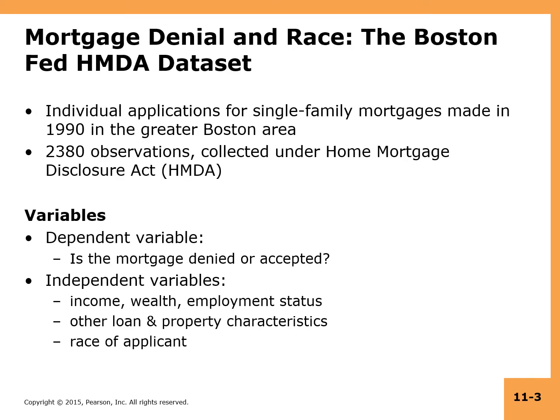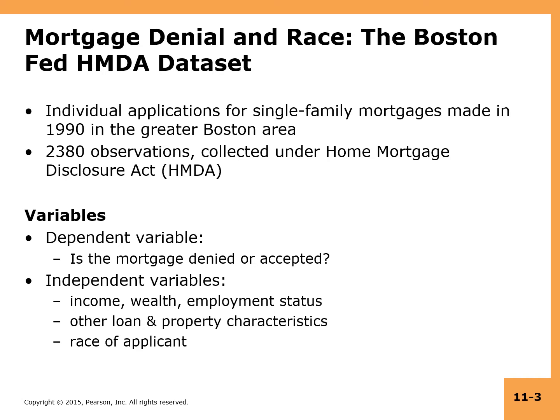The example that we're going to look at in this lecture is the relationship between mortgage denial rate and race using the Boston Federal Reserve HMDA data set. The data set that we have on hand is individual applications for single-family mortgages made in 1990 in the greater Boston area.